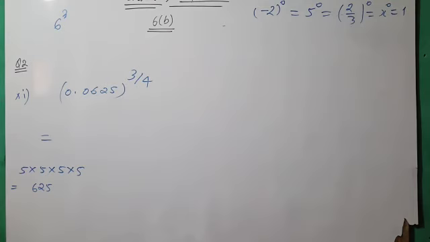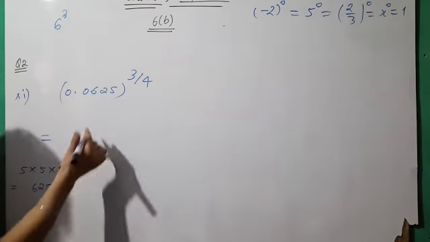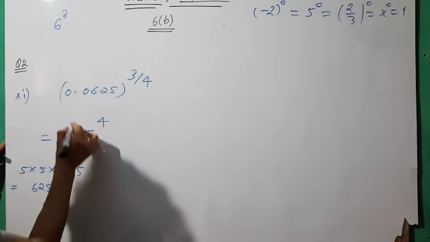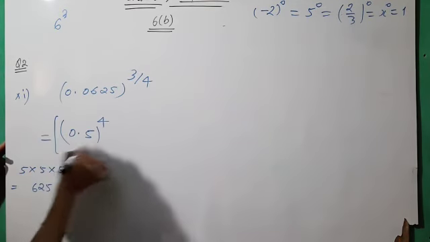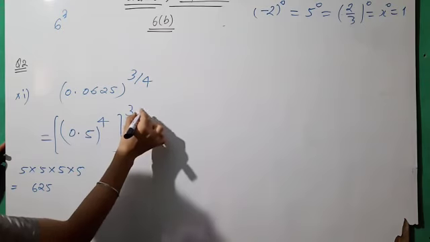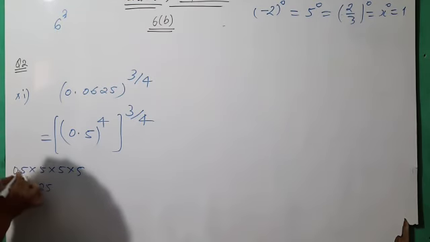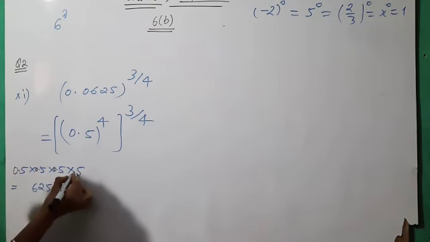It means we have to split this number as 5 to the power 4, but 0 point, because we have 4 decimal places, so we can write it like this. Yes or no? 0.5 to the power 4, so we have 0.5, 0.5, 0.5 and 0.5.